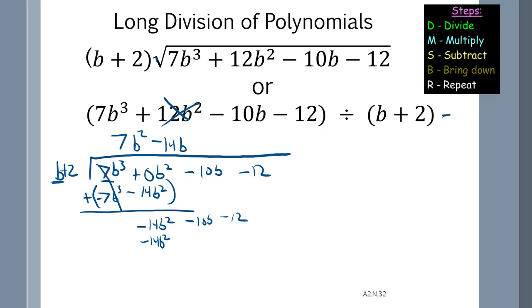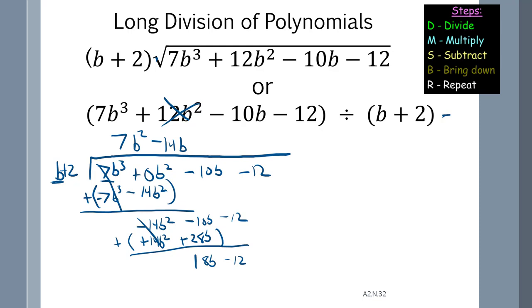And then negative 14b times a positive 2 would give you a negative 28b. Then if we subtract this and make this all go positive, these guys will go away, and we'd be left with positive 18b minus 12.